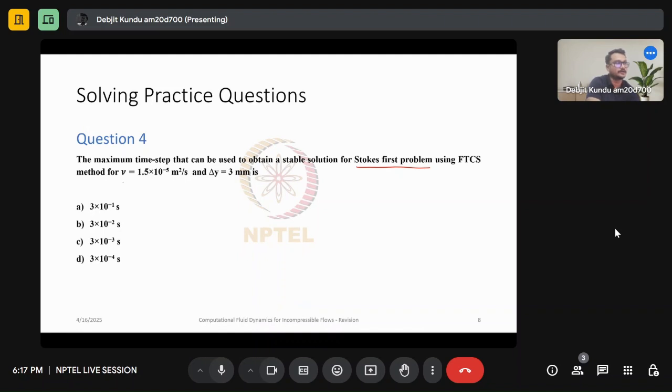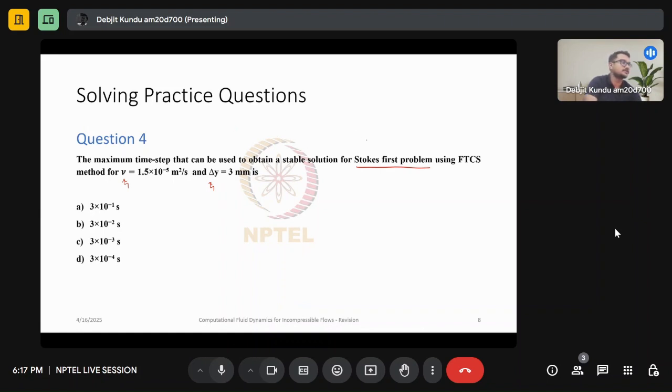The momentum diffusivity or the viscosity is given, as well as the spatial step delta y is given as 3 millimeters.